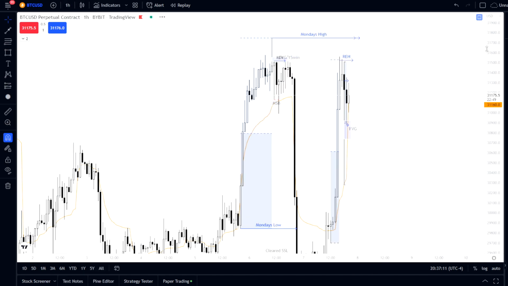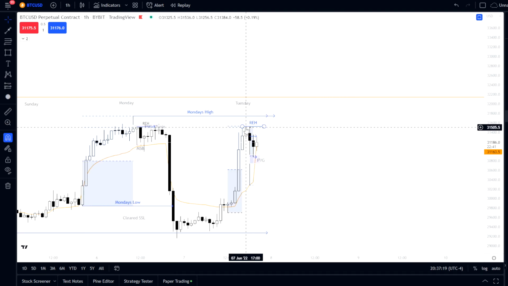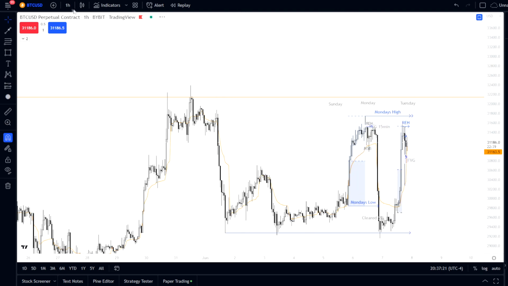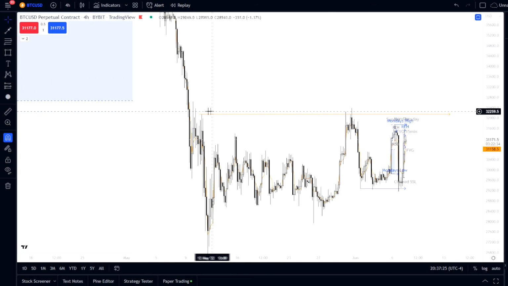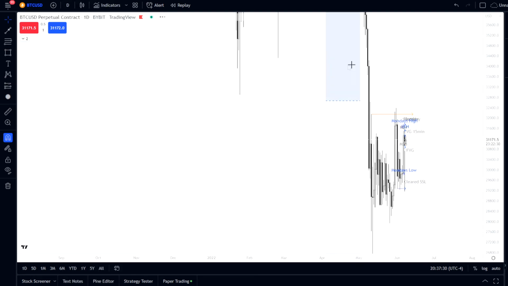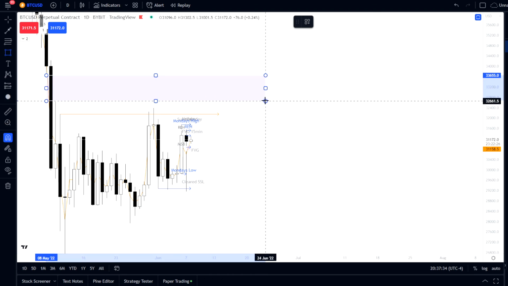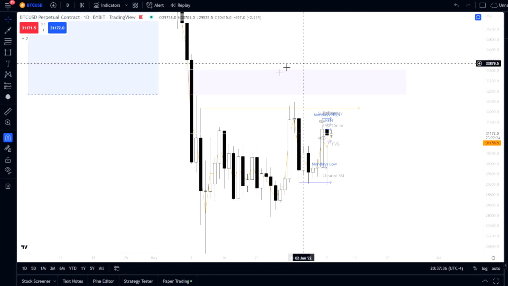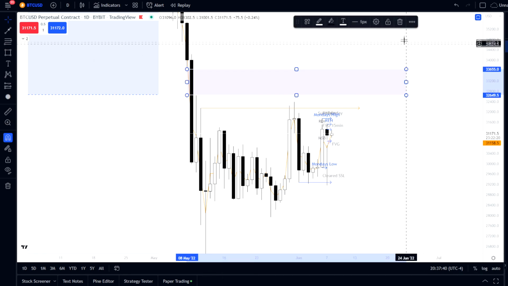Above Monday's high is a target. These relative equal highs are targets, and this overall higher time frame high is a target. Above there, we're also going to have the big fair value gap above us, something to look out for.